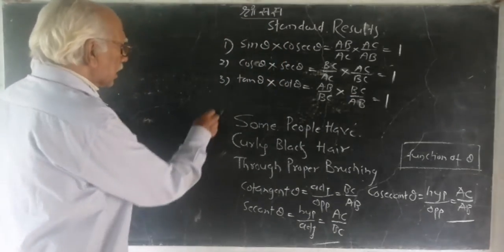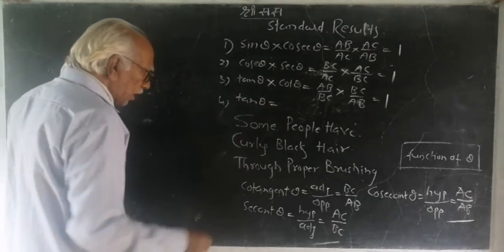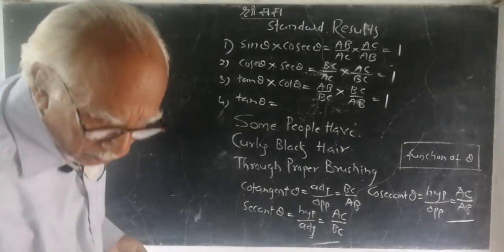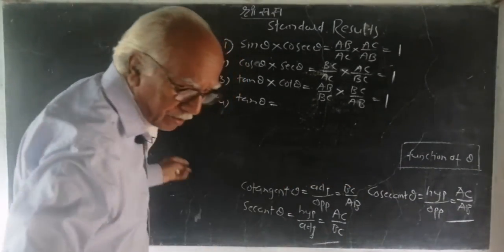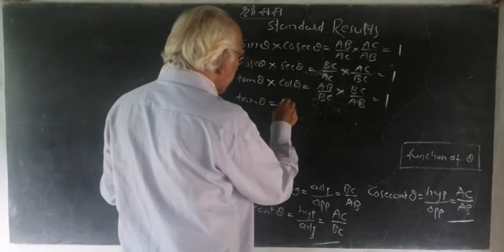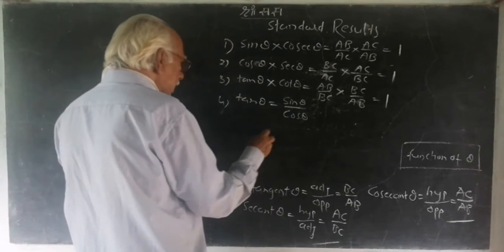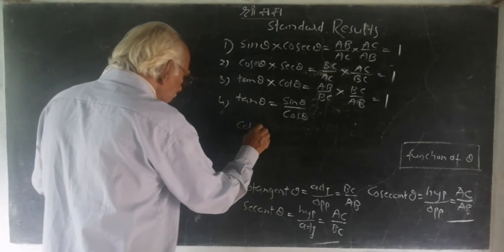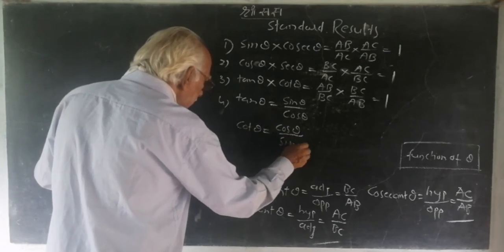And similarly you can write down one more formula, that is tan theta is equal to sin theta by cos theta, and cot theta is equal to cos theta by sin theta.